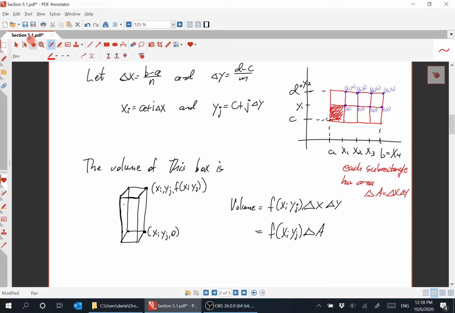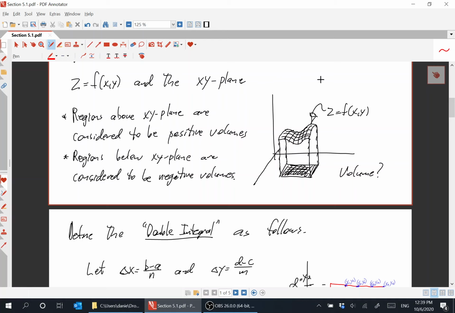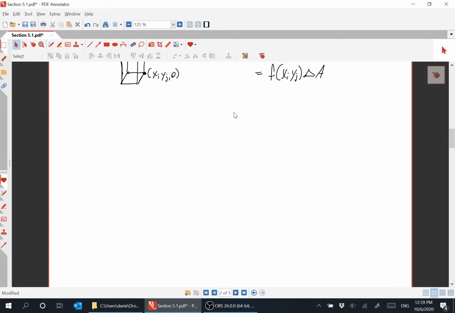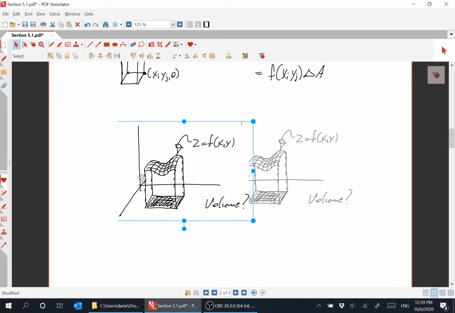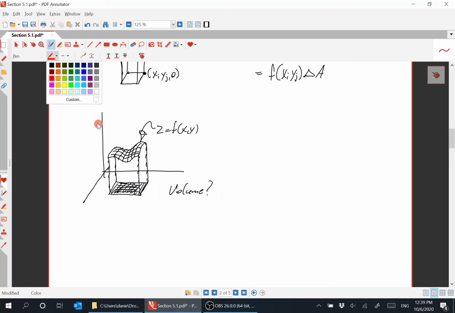All right, so the volumes of all those boxes together would estimate the volume of this solid here. So we've got these boxes underneath this guy here.